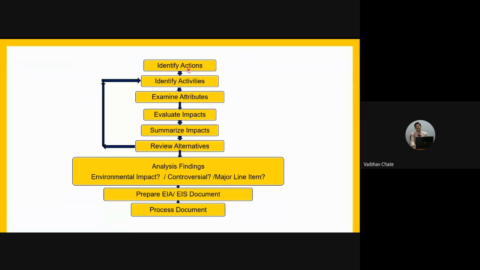and as per the project, specific activities will be related to that project. So if we are going to consider the sugar industry, why do we need to consider the examination of the attributes?